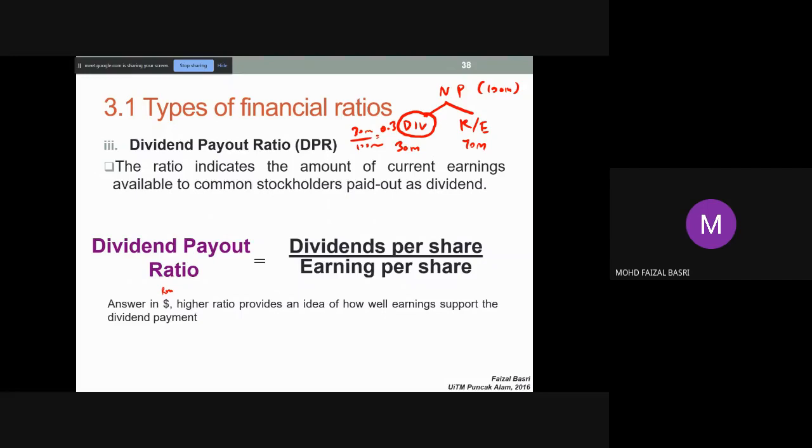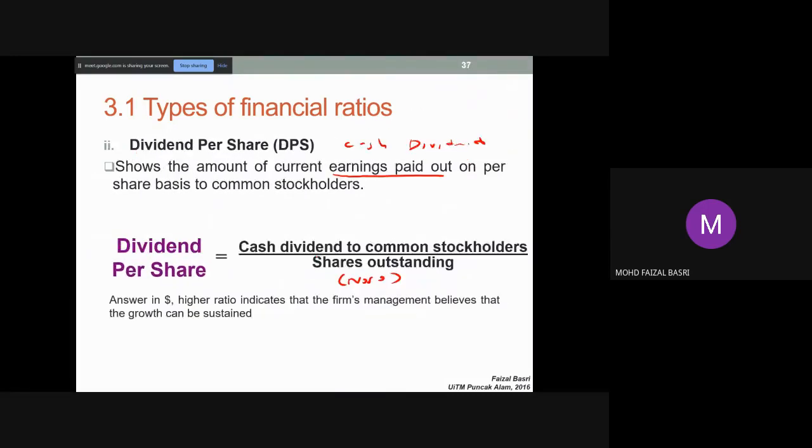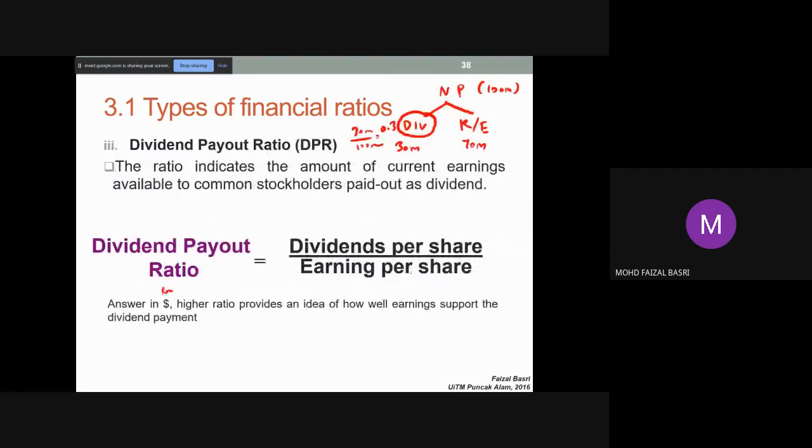But in this formula, you can see I don't have per share. If we have EPS and dividend per share, we can use that information. But if you notice, we have per share basis for both. Dividend per share is dividend divided by number of shares outstanding, and earnings per share is net profit divided by number of shares outstanding.